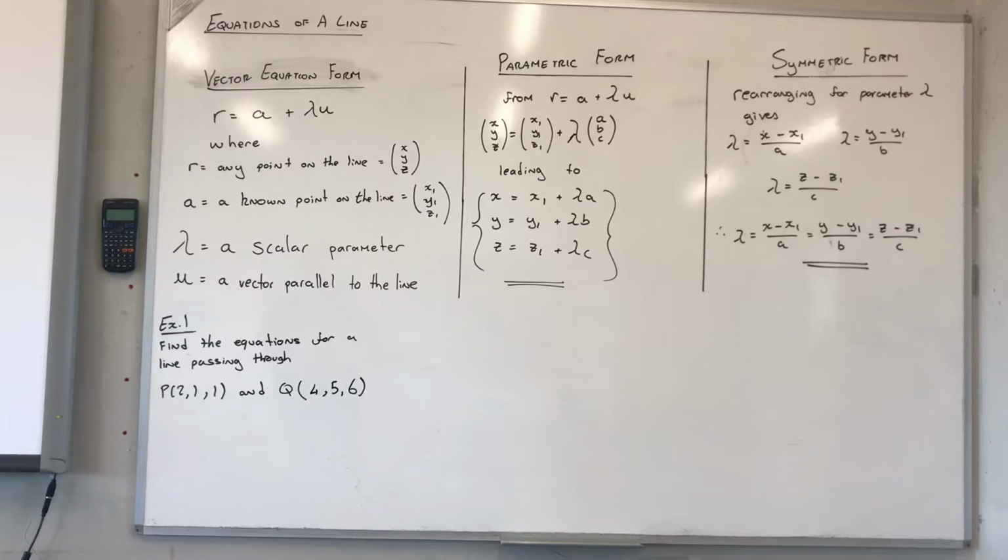So I'm going to go through an example showing you how to get from the vector equation to the symmetric form. The first thing I need to do: I've got two points, and I need to know a vector on that line, which is straightforward. Then I can just write down the equation.